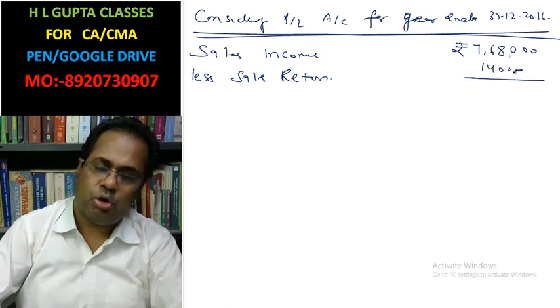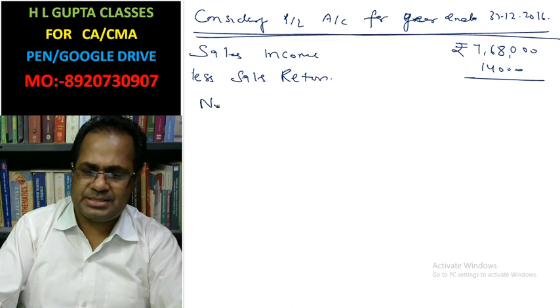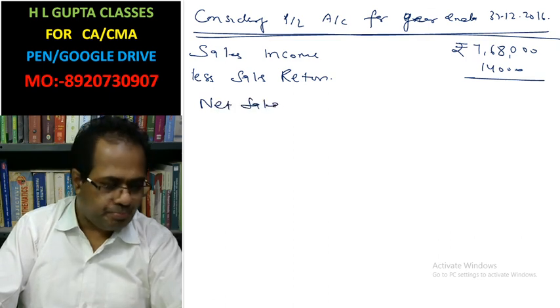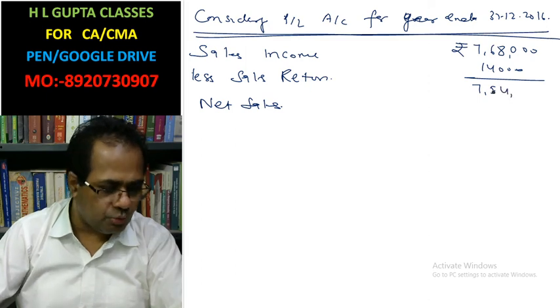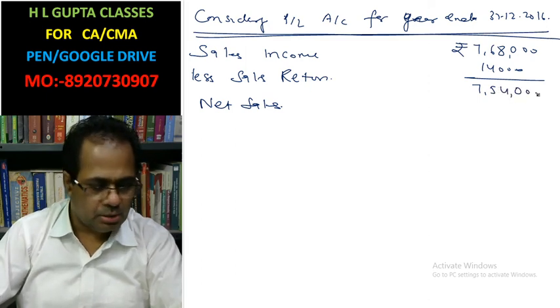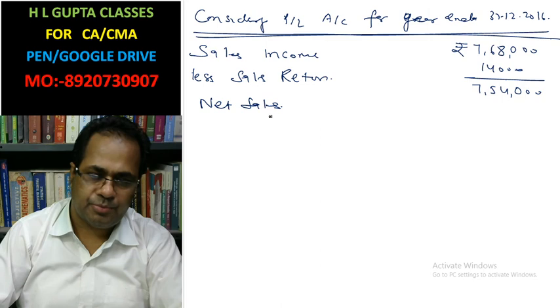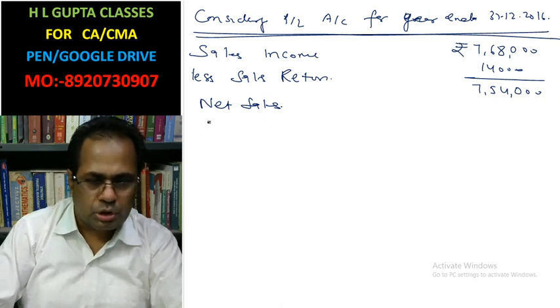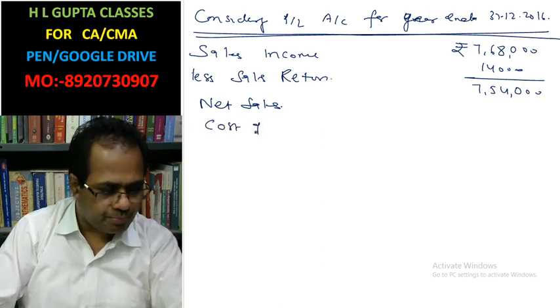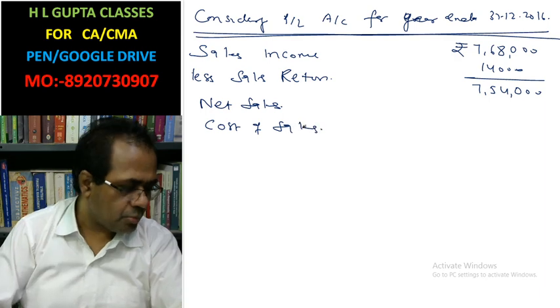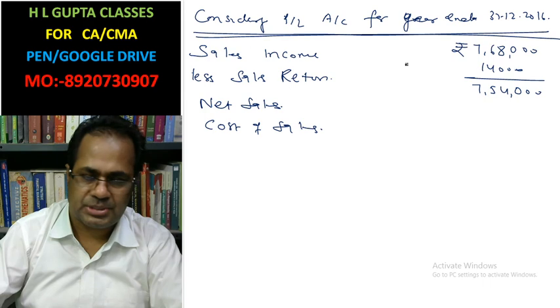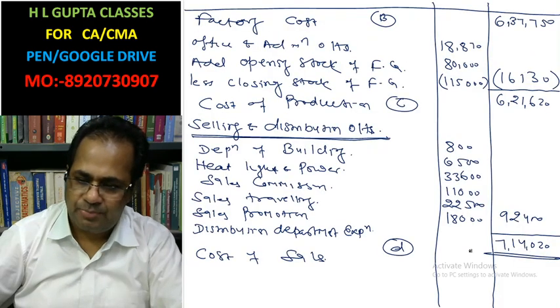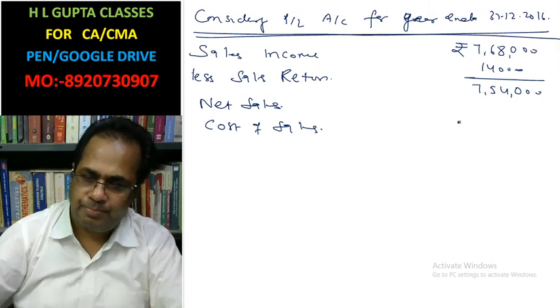Net sales, all this information is given. Net sales 7,54,000. Cost of sale: as above, we have already calculated cost of sales, 7,14,020.